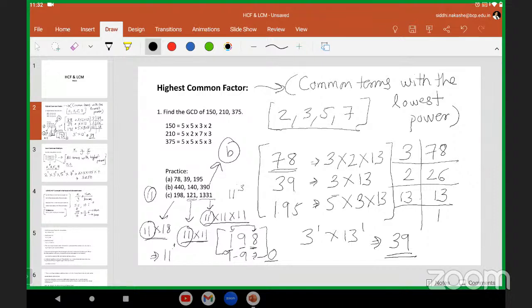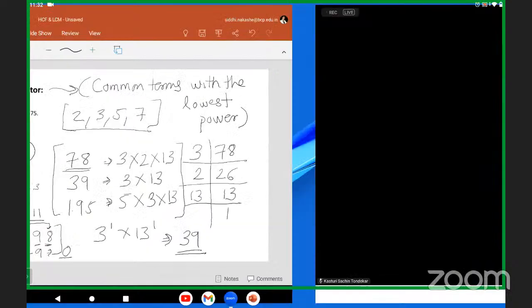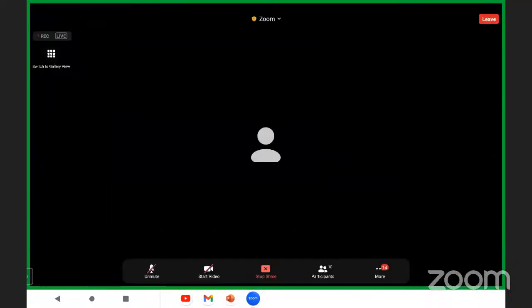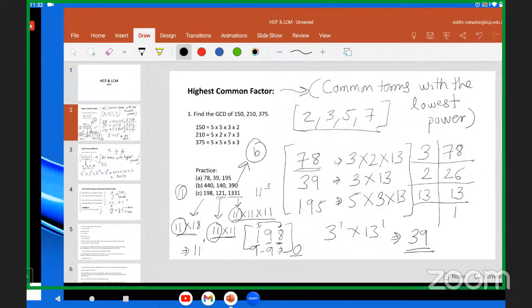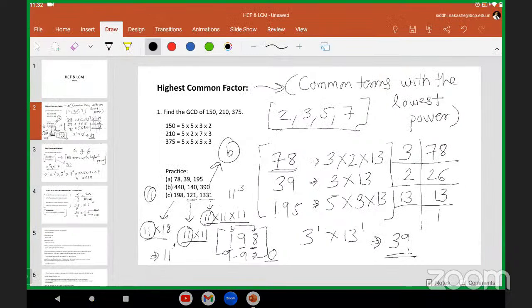Anybody got the answer? Anyone? You can write it down in the chat. Okay, HCF 10.